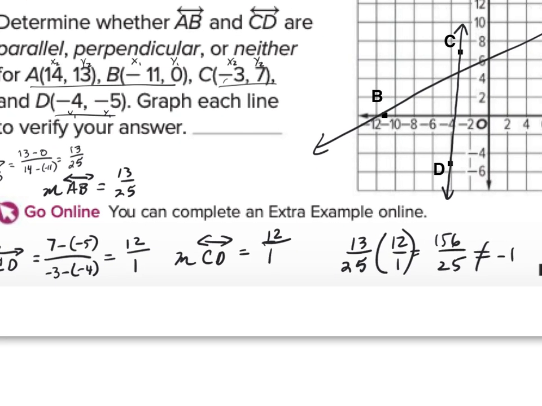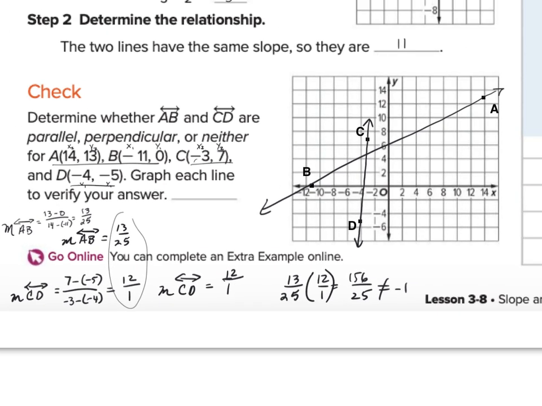Obviously, they do not match. But when I multiply them together, I get 156 over 25, which does not equal -1. So then I know that they're not perpendicular either. Not parallel, they do not match. Not perpendicular because the product is not -1. So that is how we verify the answers, how we check the answers and make a determination.